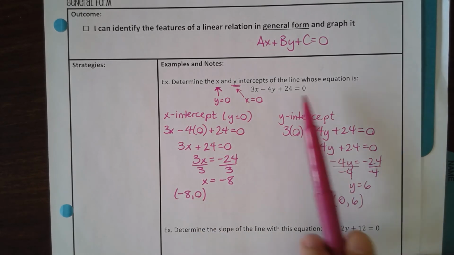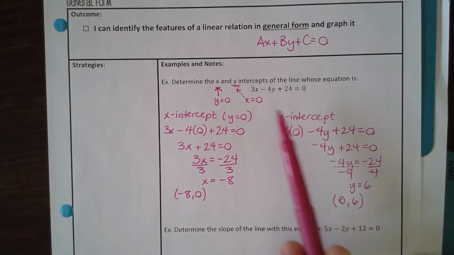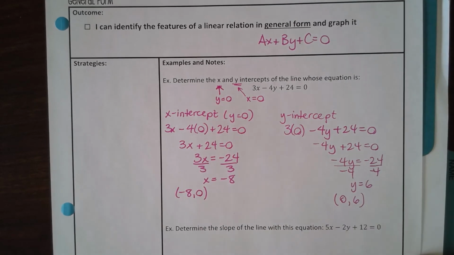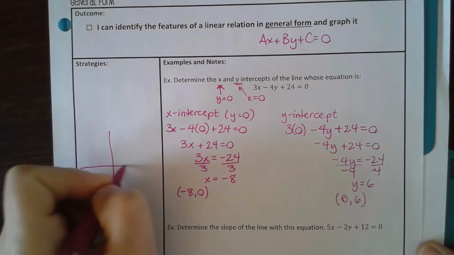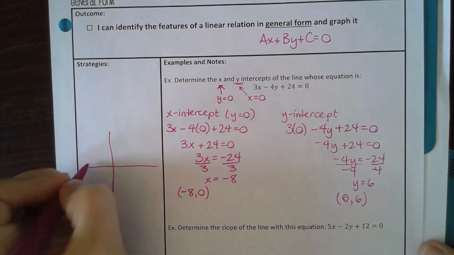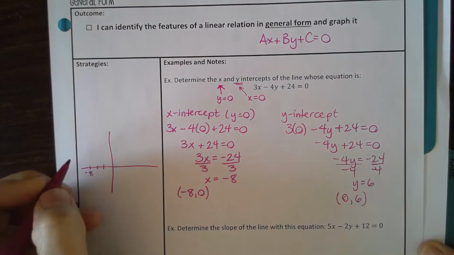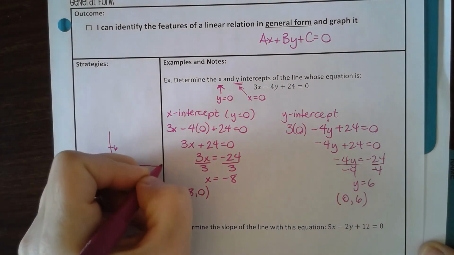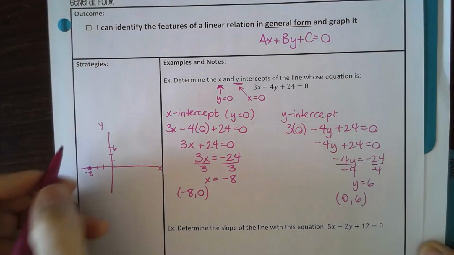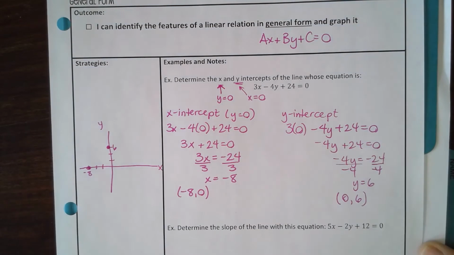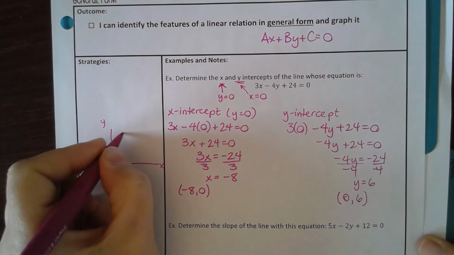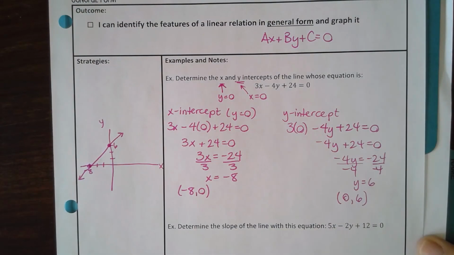Okay, so if you notice that for general form, you can just find your x-intercept and your y-intercept, and you can use that to graph, right? If your x-intercept is at, let's go, (-8, 0), and your y-intercept is at (0, 6), hey, you have 2 points and you can make a line.